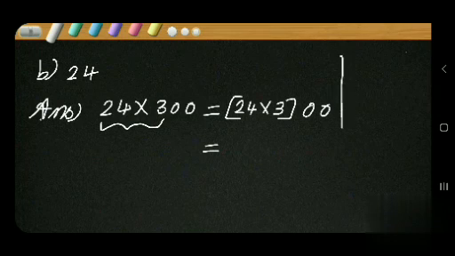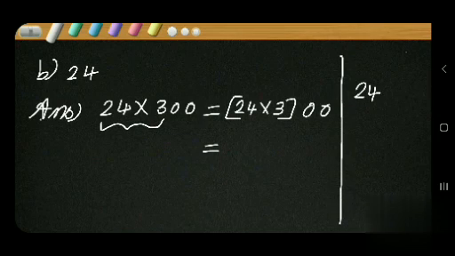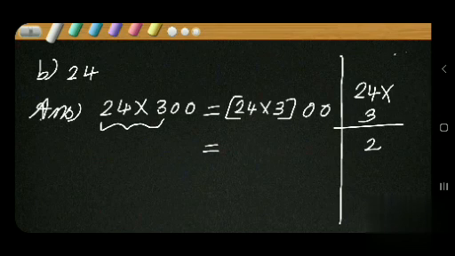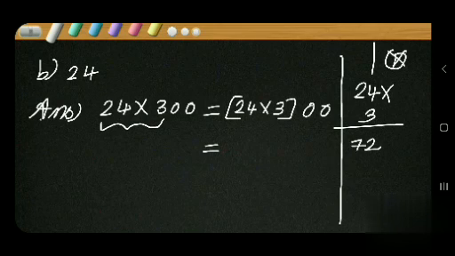So, in the working column, we have to multiply what? Yes, 24 into 3. How to do? 3 4s are 12. 12's 2 here, balance 1 in the working column. Then 3 2s are 6. 6 plus 1, 7.